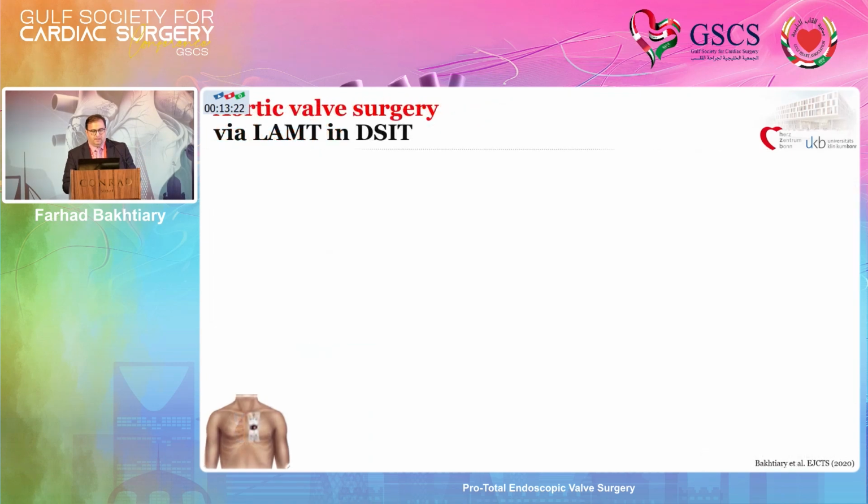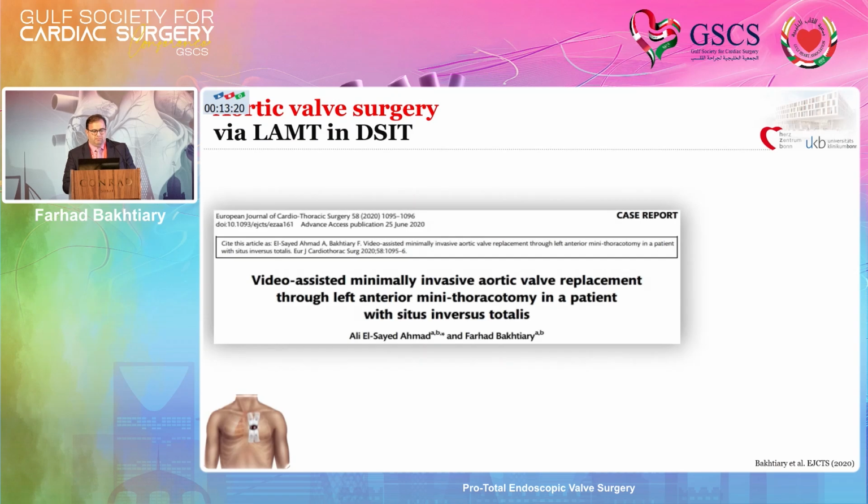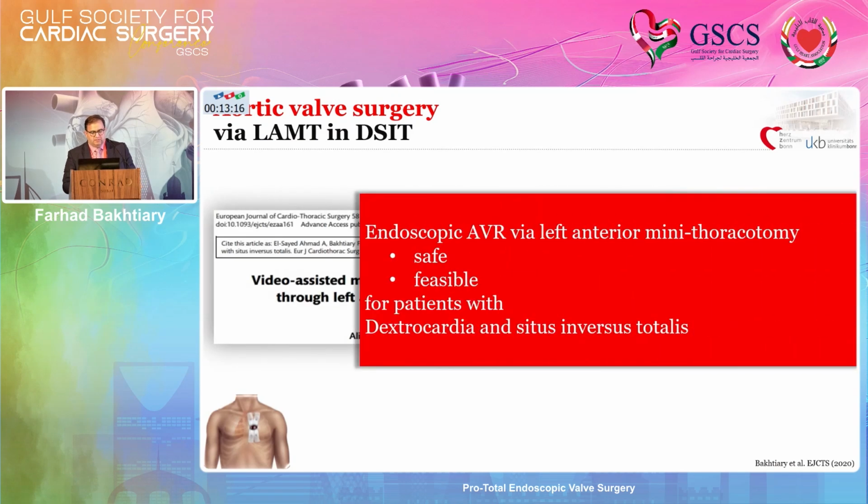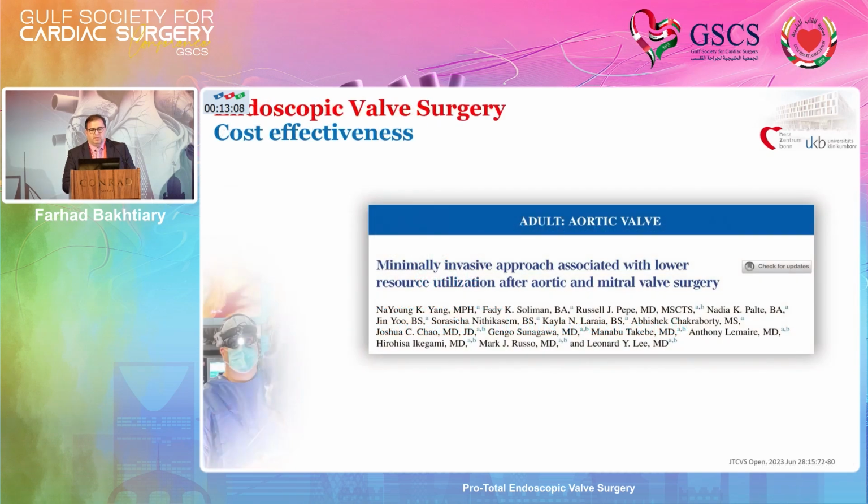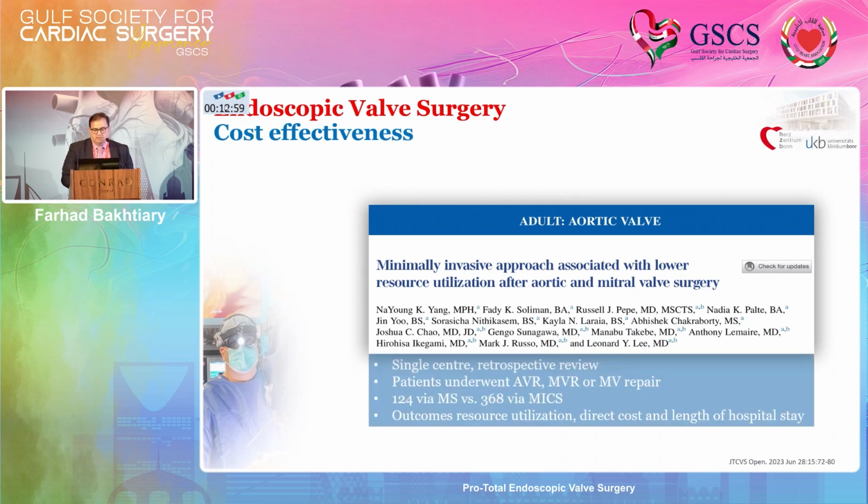So if you have a patient with situs inversus and aortic valve replacement, you just need to come from the left side, but the complete setup can stay at the same level as you would do a normal AVR. So I think the endoscopic approach compared to sternotomy is well known.